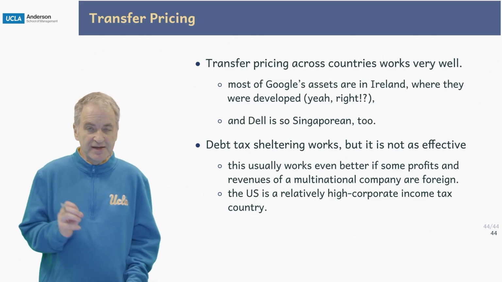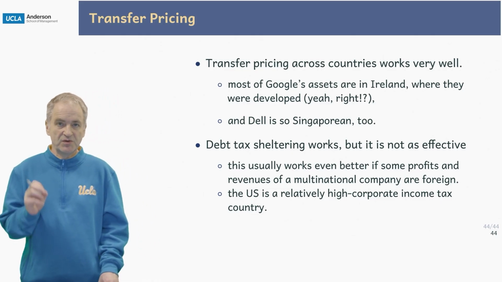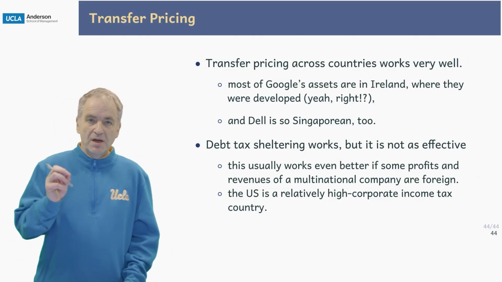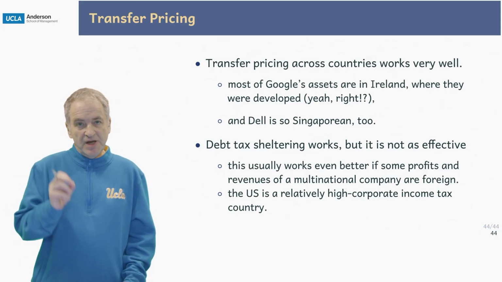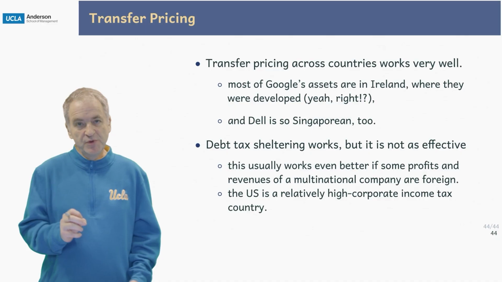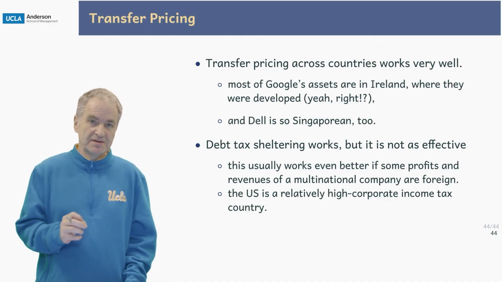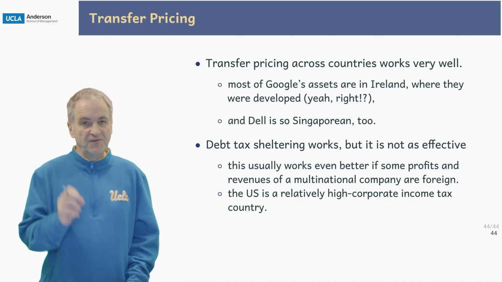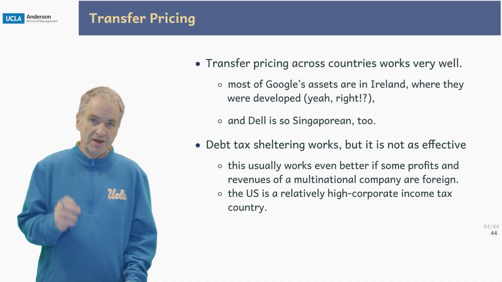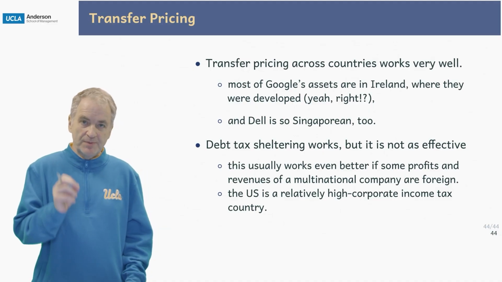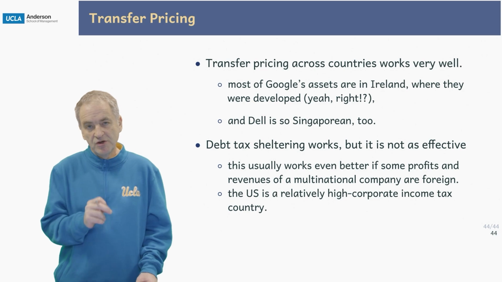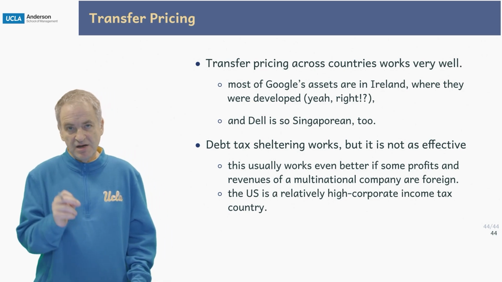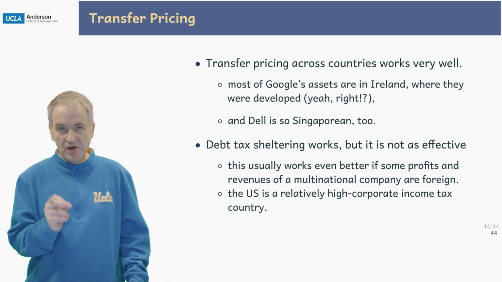Transfer pricing is particularly valuable across countries. So, what you can do, for example, is ship a product from Singapore over to the United States. Singapore has a very low tax rate. So if the profits show up in Singapore, the company is taxed very little. How do you make profits be higher in Singapore and lower in the US?